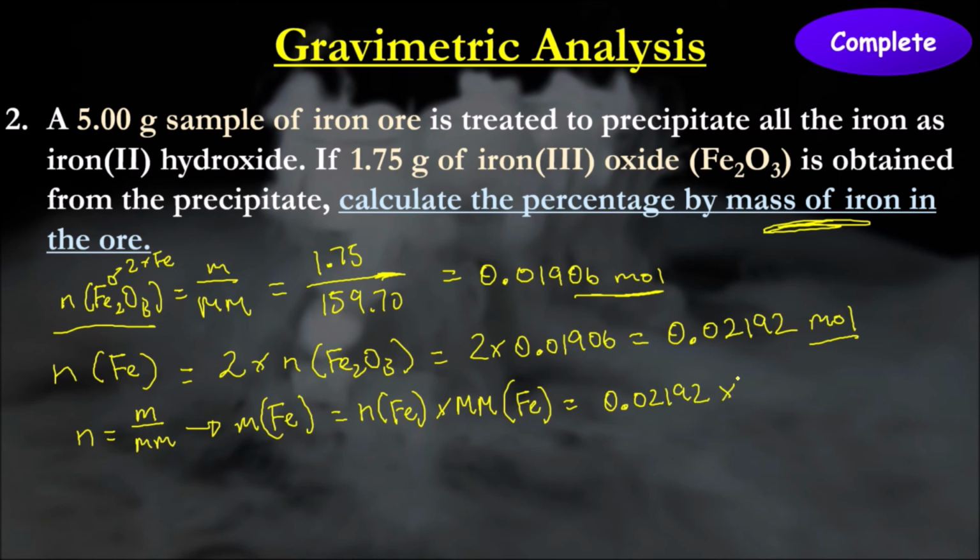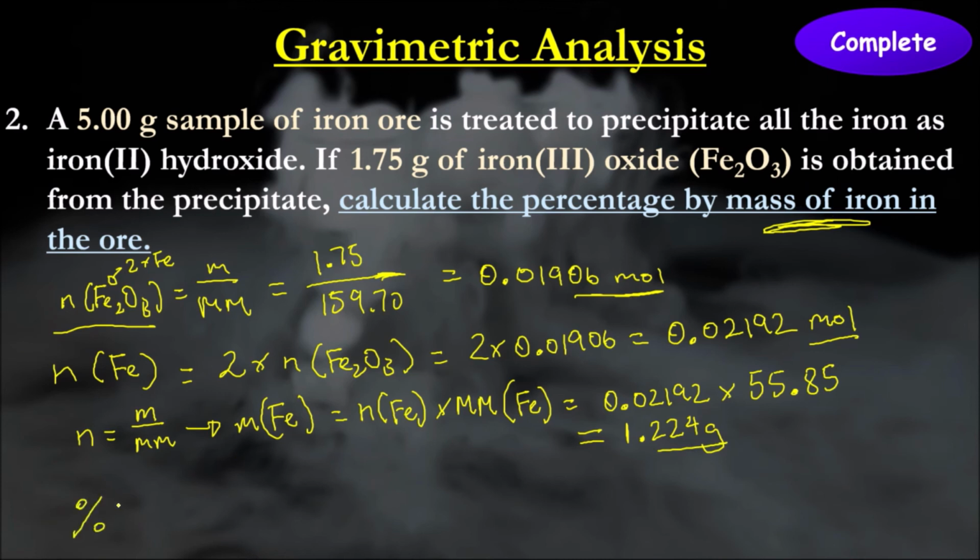The molar mass is 55.85 grams. That gives the mass of iron we used as 1.224 grams.